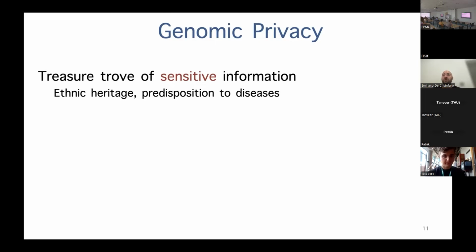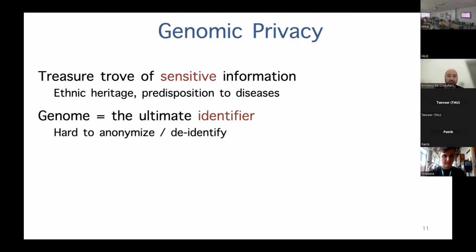Like in some countries, or in the past at least, you could not get health insurance if you had pre-existing conditions. You can also learn a lot about ethnic heritage, and I don't think I have to convince you very hard that the privacy of genomic data is very important.